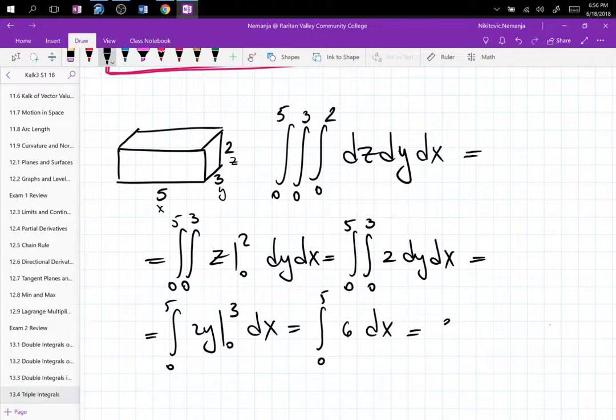And finally, we get 30. Now, 5 times 3 is 15 times 2 is 30. So next time you're tutoring a kid and they say, but why? There you go.